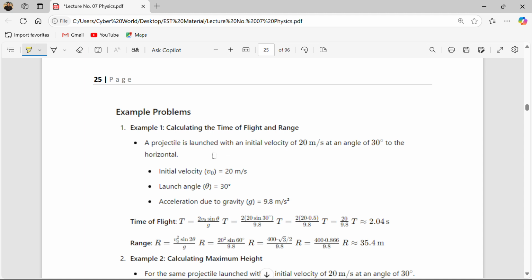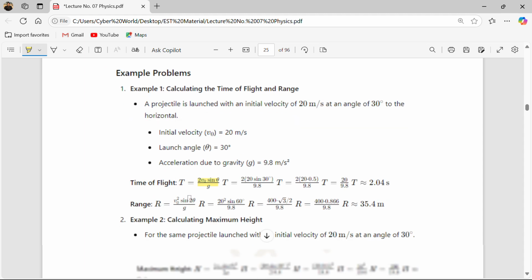What you have to find is the time of flight and range. You know the formula of time of flight, 2 v naught sine theta divided by g. The v naught value is 20, the angle is 30, divided by 9.8. So t equals 2.04 seconds.